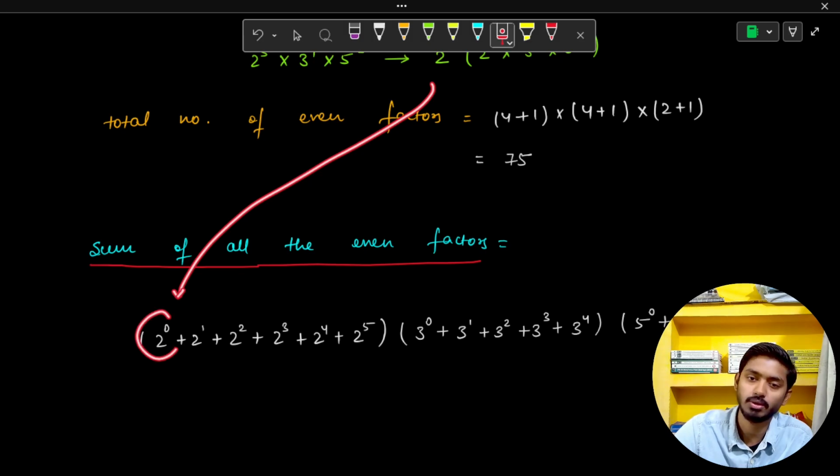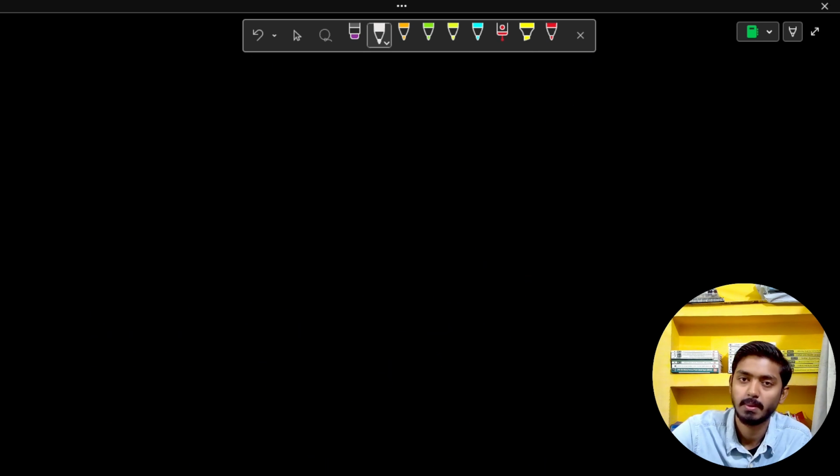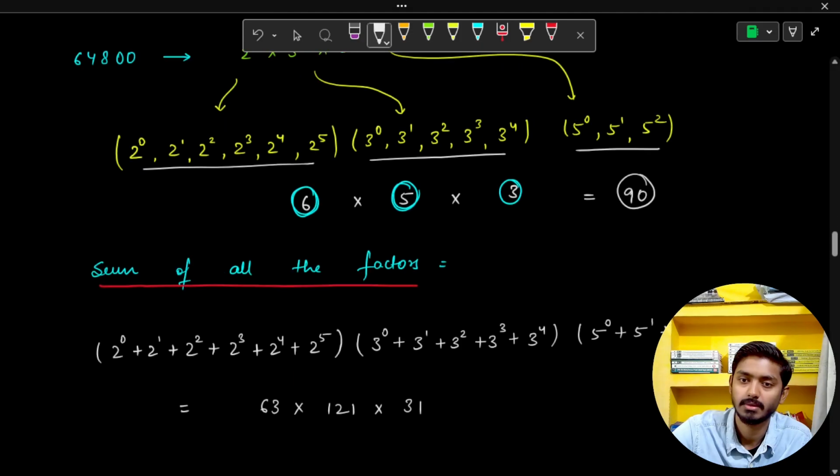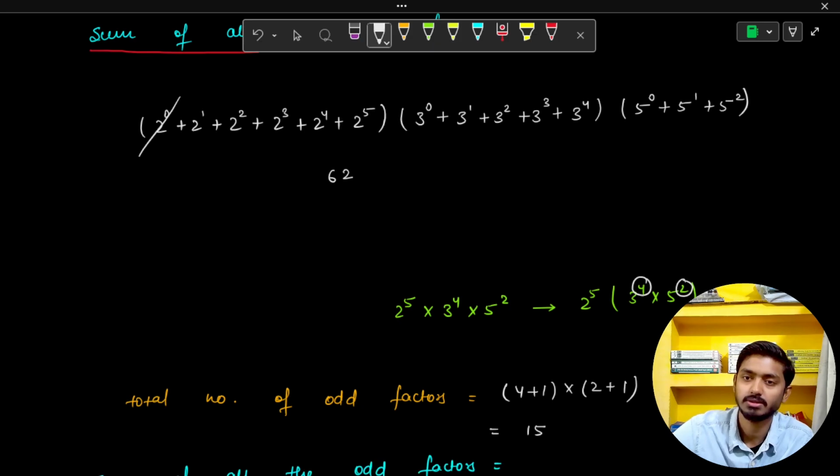So we are going to remove one of the two, starting from 2 to the power 0. Remove this and then solve. That was 63, that would become 62. Right, 62 times 121 times 31. Simple.